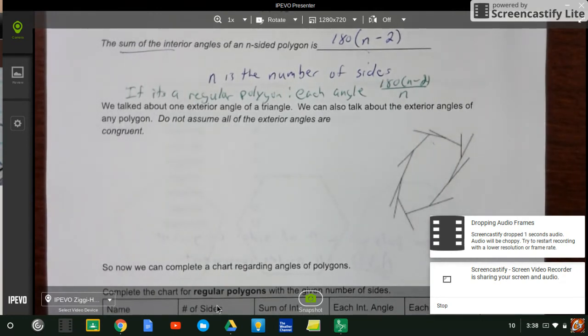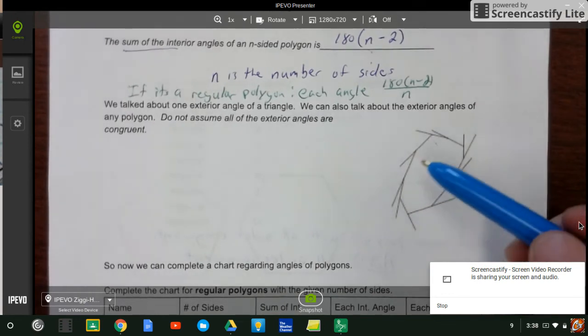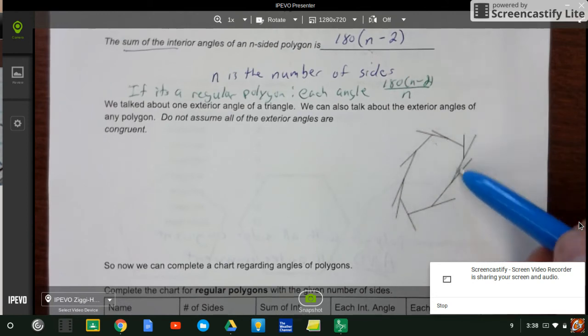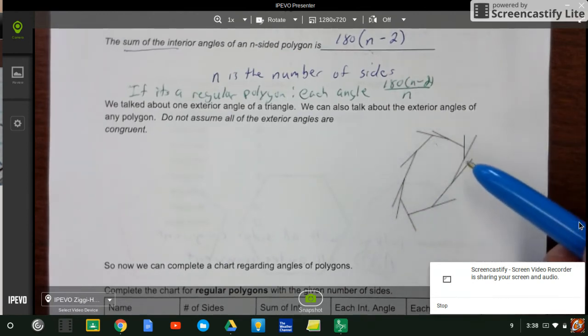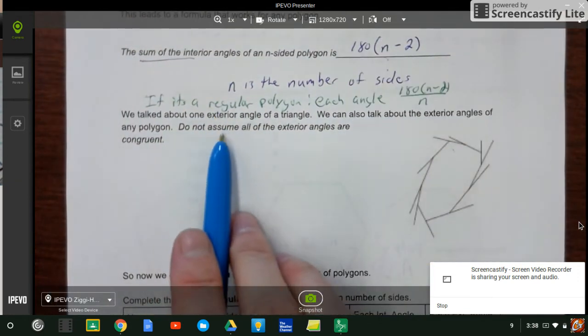One second, audio. Whoops, got some choppy audio going on. So hopefully you got some of that. We talked about the exterior angle of a triangle being equal to the sum of the remote interior angles. Well, there's too many remotes here. So when we're dealing with this, the sum, this is easy. Can't assume they're all congruent.